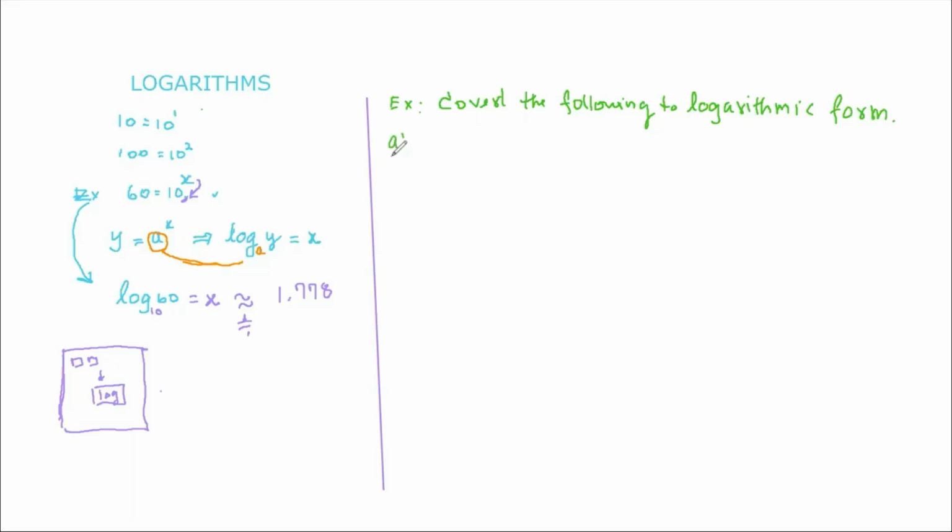Okay, A. Say I have 4 power 2 equals 16. Right now this is the exponential form, right? So we want to convert it into a logarithm. You have to find out which one is the base of the exponent. The base of the exponent is what? 4, right? This 4 is the base of the exponent.